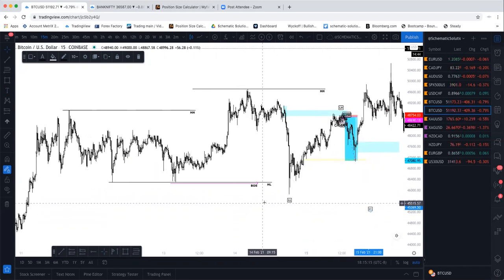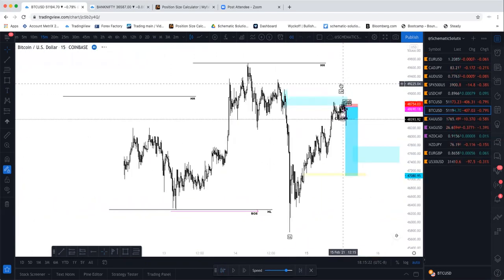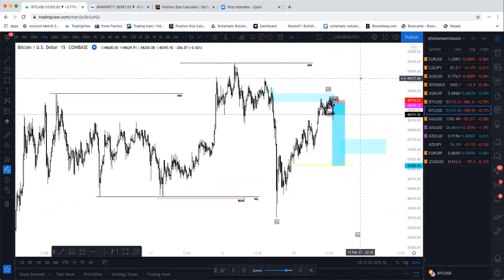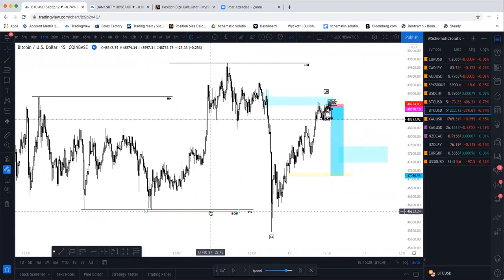So understanding just based off of structure, we're now in a downtrend because we broke beneath all of this structure to the left and made a new lower low. So we would expect price to retrace and then continue falling.